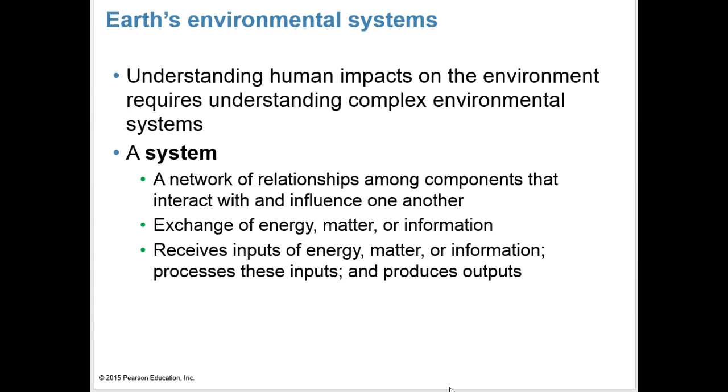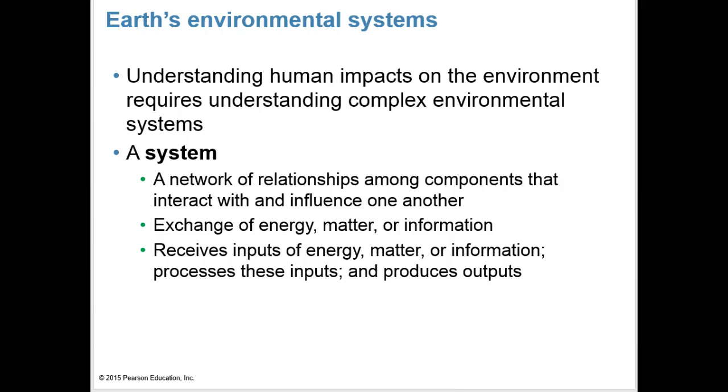Understanding the rise and the fall of the oyster industry in the Chesapeake Bay, as with many other human impacts on the environment, involves comprehending the complex interlinked systems that comprise Earth's environment. It's good to think of Earth's environment as a system with things coming in and out of it, and with many interactions happening, such as the exchange of matter and energy and information that occurs on a daily basis.